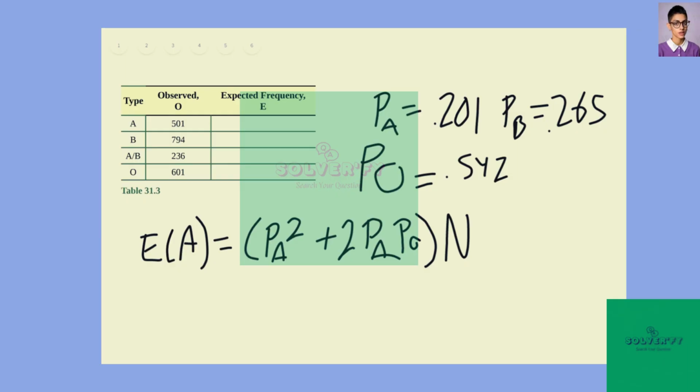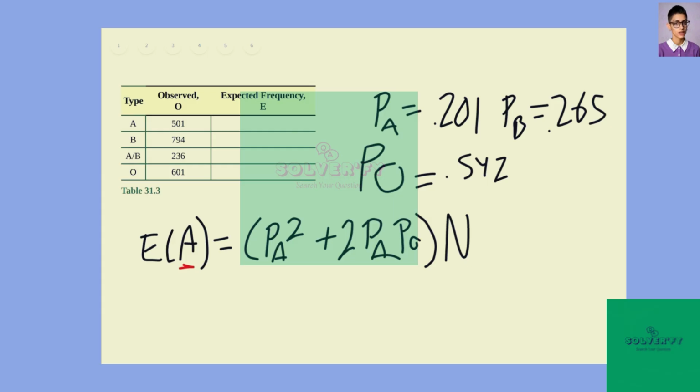This is because the way you get type A is if two A alleles come together, or an A and an O allele come together. And we get 2 here because you could get an A and an O, or an O and then an A, and both of those have the same result.